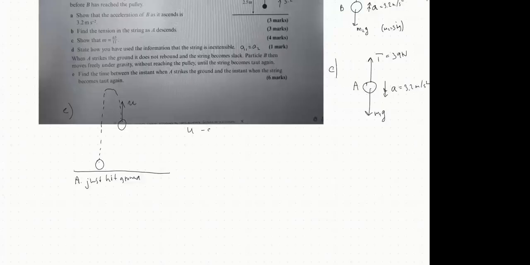When it hit the ground, it was moving at a reasonably high velocity. That means B is also moving, with the speed A had just before the collision. Let's call that speed u. So u is the speed of A as it hit the ground.